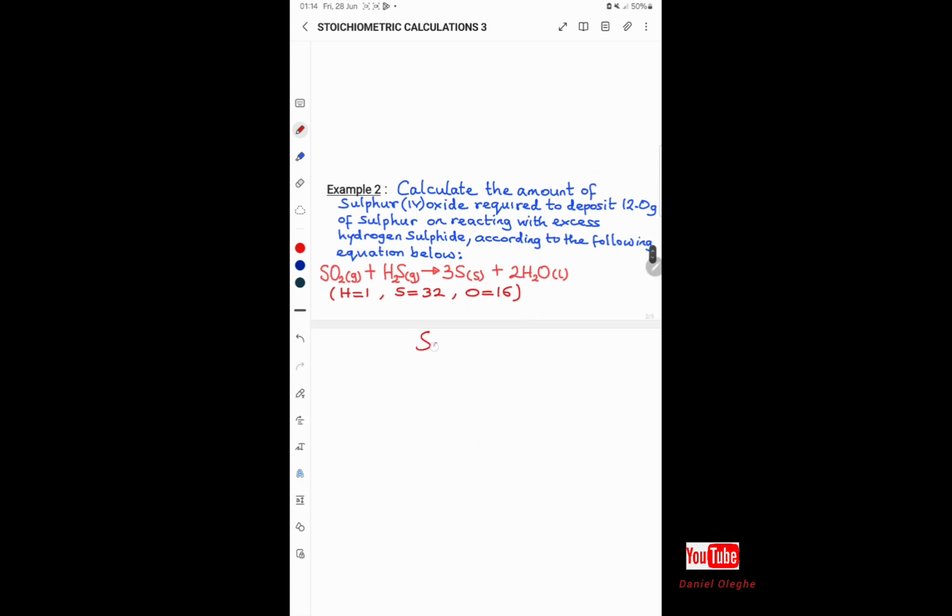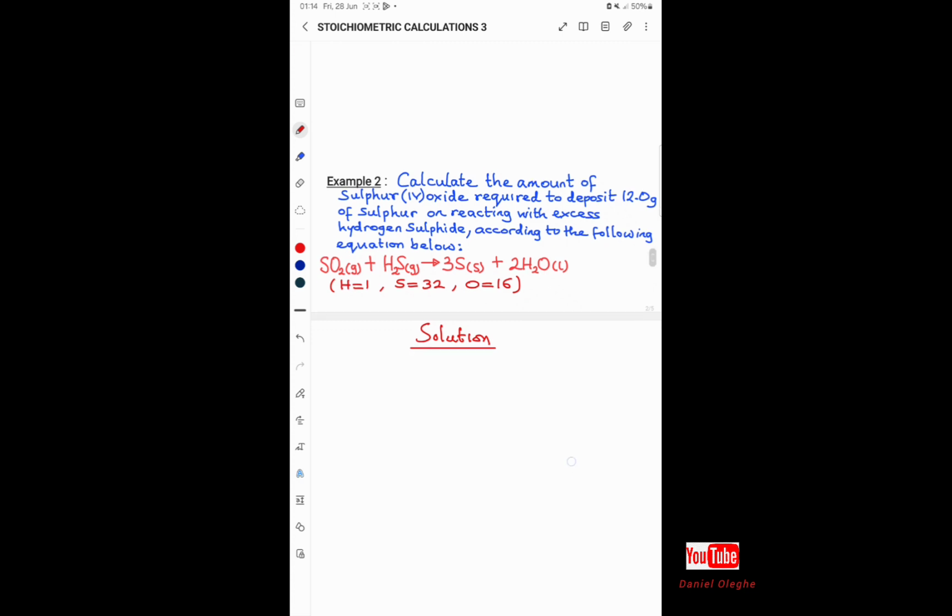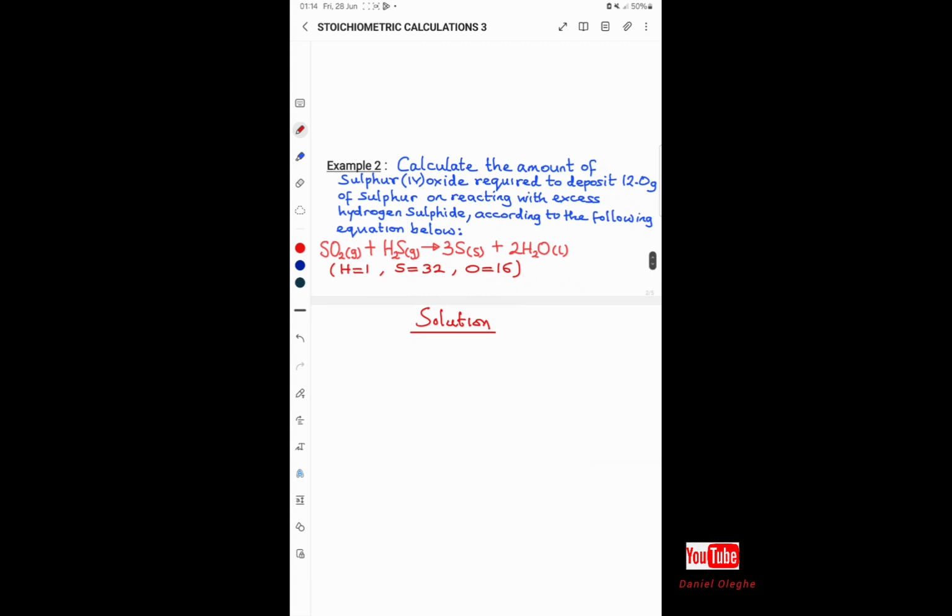Again, start from the mole to mole ratio of the two substances. The two substances that we are concerned about are sulfur 4 oxide and sulfur, SO2 and sulfur. So those are the two we are relating together, starting from the equation.